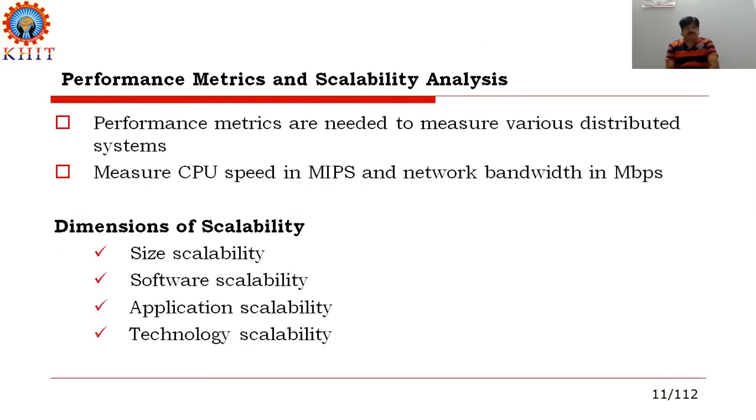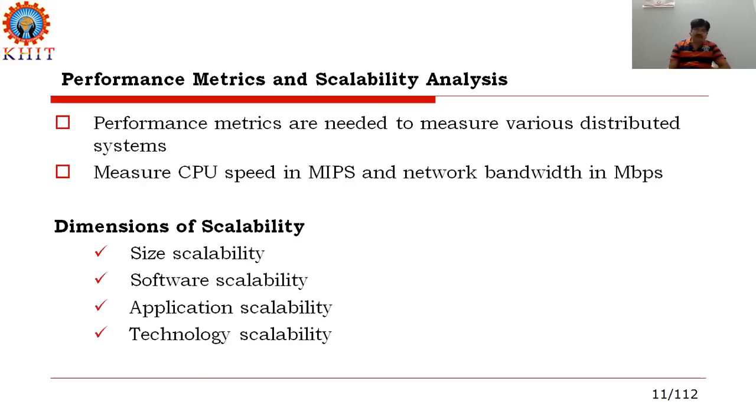Next, why do we need performance metrics? Performance metrics are needed to measure various distributed systems, in terms of size, scalability, application or technology. These dimensions we can measure based on performance metrics only.